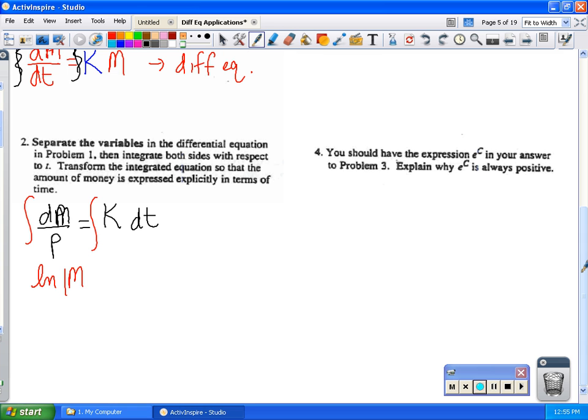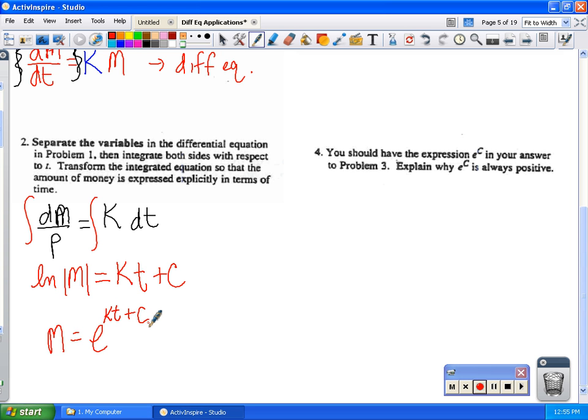So when I find the antiderivative, I'll get ln of the absolute value of m is equal to k. Now remember, k is a constant, like the number 5 or 7. So when I find the antiderivative, I get kt, because the right-hand side is in terms of t, plus c. When I use algebra to solve for m, I will get e raised to the kt plus c.